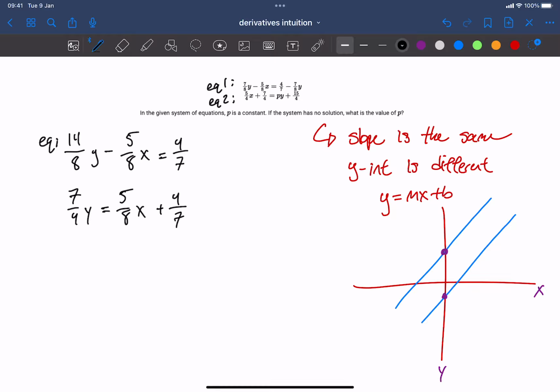Now, to make it a bit easier to work with, I guess we can just isolate the y, so y equals. I'm just going to use a calculator for this part, but you should get something like 5 over 14x plus 16 over 49.